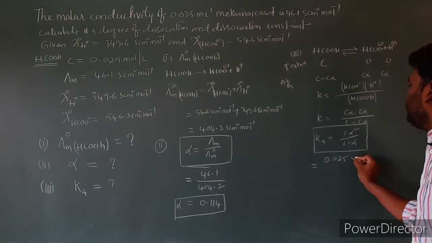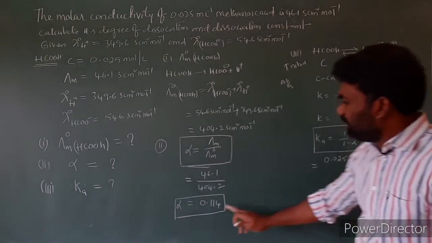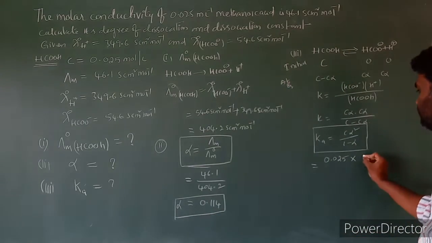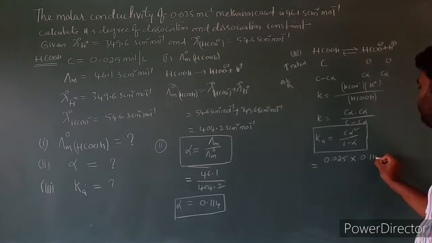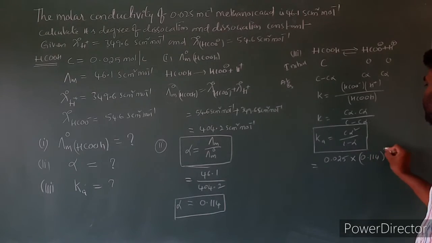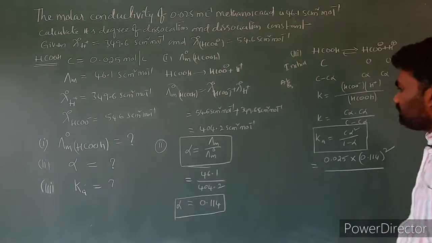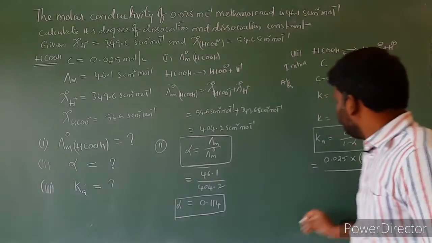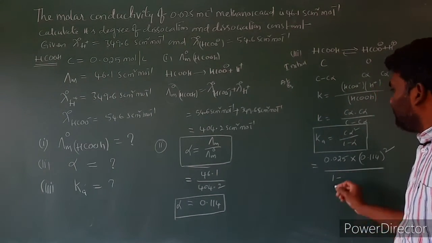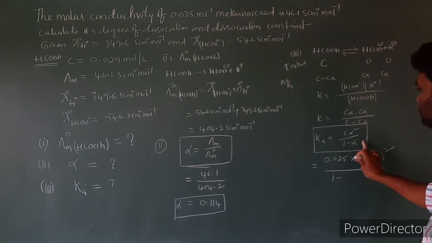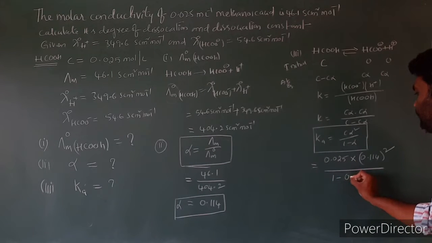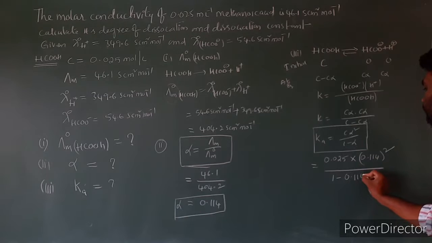0.025 into alpha we got already. Alpha square is there, power 2, isn't it? By next what we have is 1 minus alpha. Alpha is equal to 0.114.